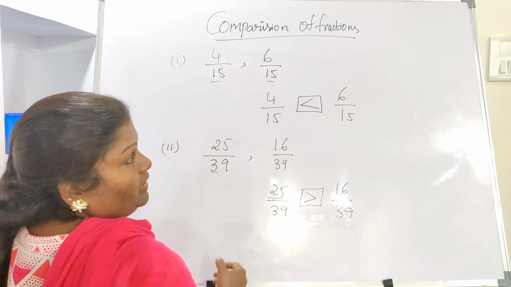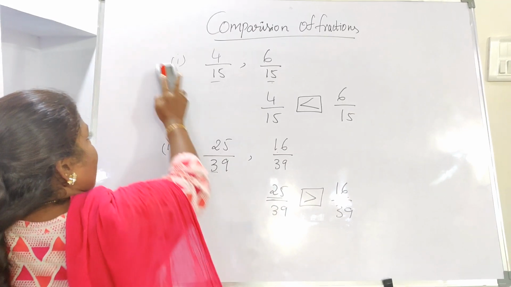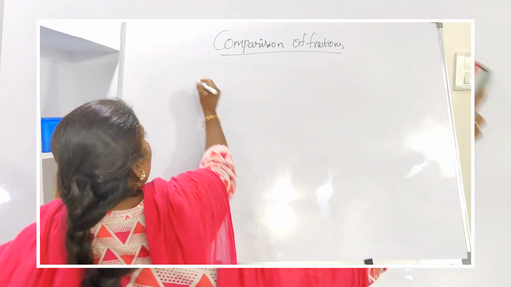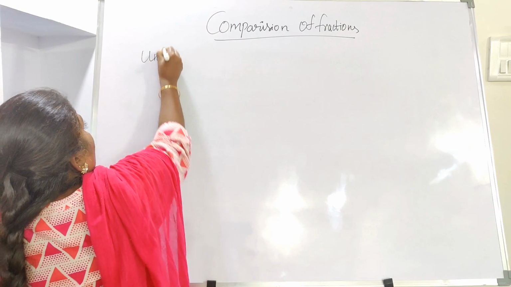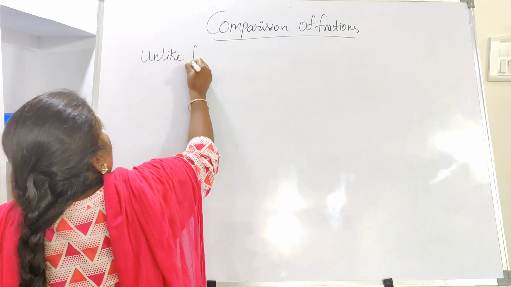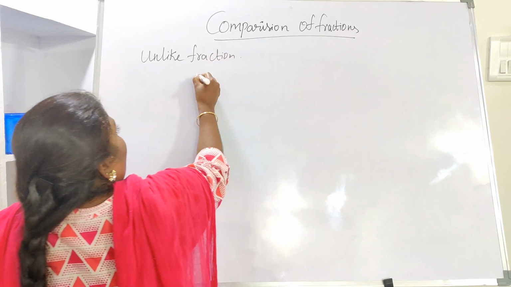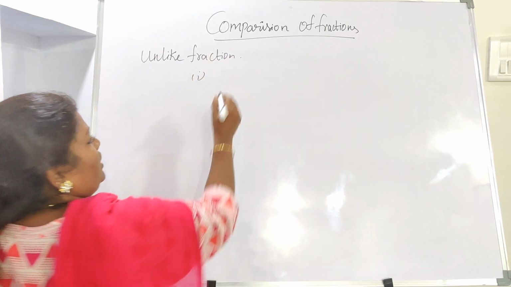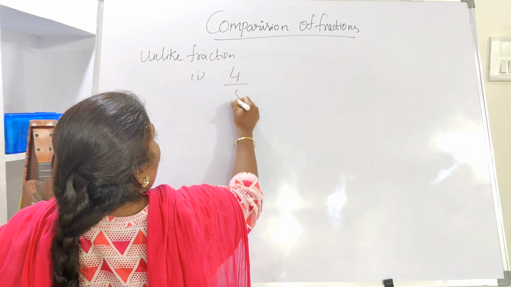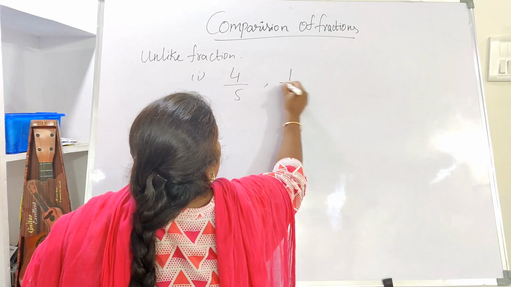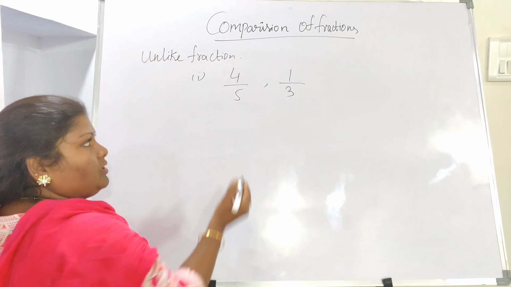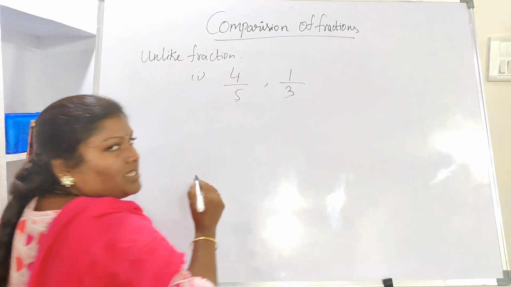Now let's move on to the unlike fractions. Now in this unlike fraction, for example 4 by 5, 1 by 3. Now check here, both the denominators are different.